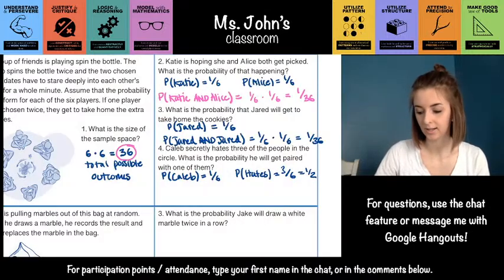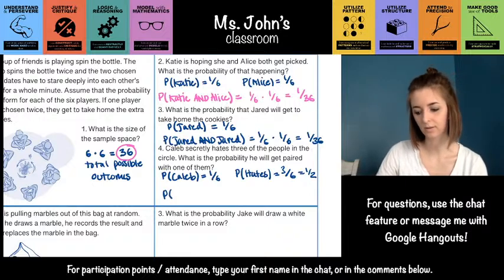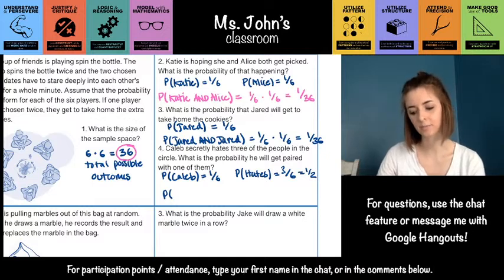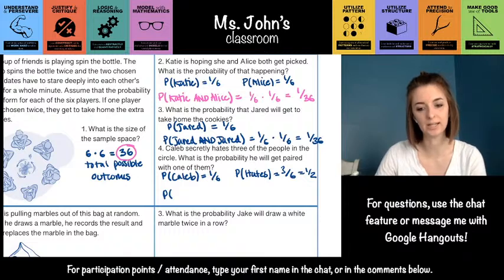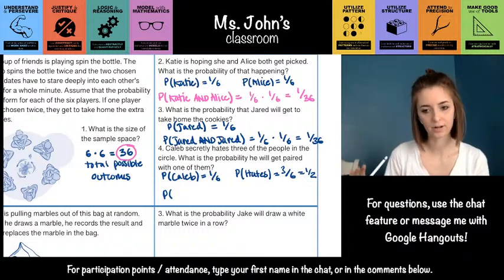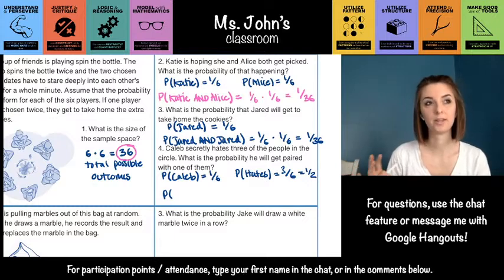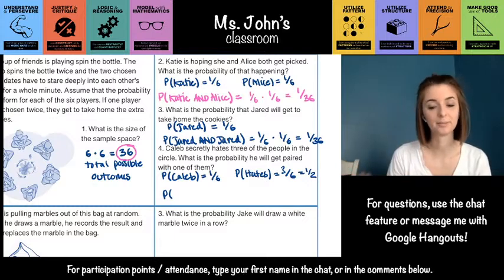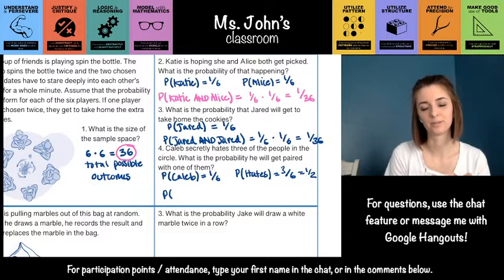But yeah. So now the probability of him getting chosen with somebody else. So notice that this question didn't have like what's the probability of Caleb and somebody he hates getting picked. It didn't use those exact words. We had to infer that the probability that we're calculating is the probability of Caleb and the probability of somebody he hates getting chosen, right?